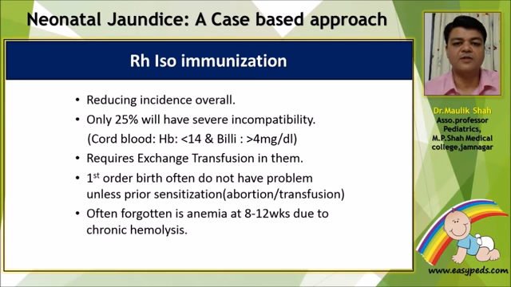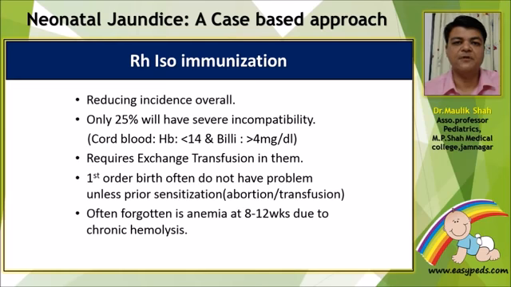First order of birth usually does not have much of a problem because the sensitization which develops takes a little time, and usually the firstborn child is saved from this incompatibility. But they can also develop some amount of incompatibility if the mother has undergone either an abortion or a transfusion of a mismatched variety, and that would lead to a prior sensitization in this particular mother.